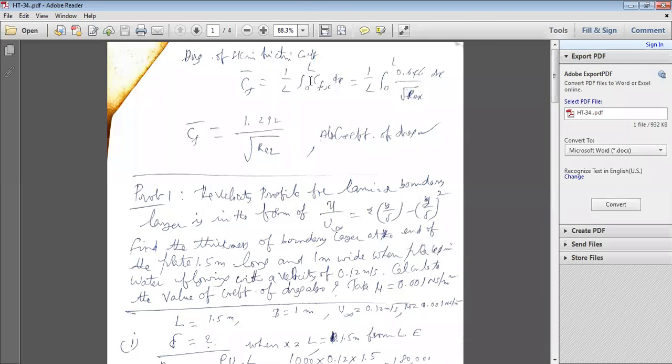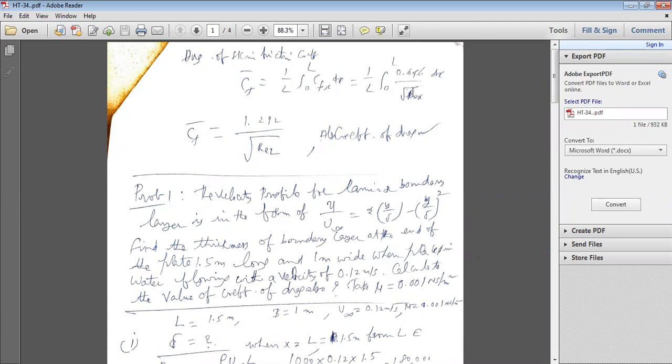How do you calculate Reynolds number? Density into velocity U free stream into X at any value of X, that is rho into velocity into X divided by dynamic viscosity.